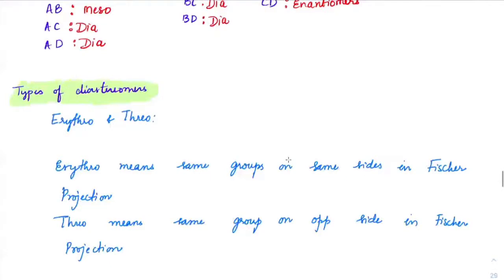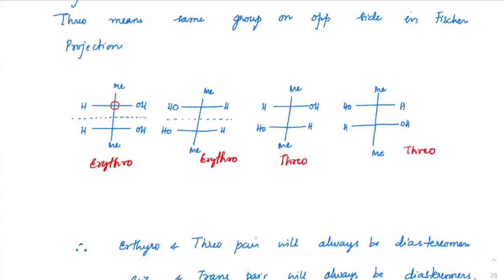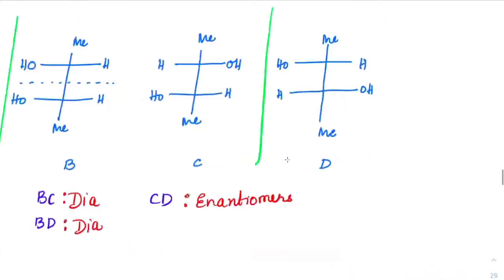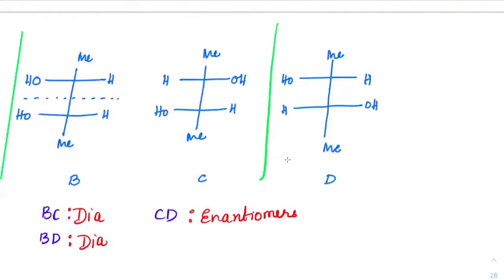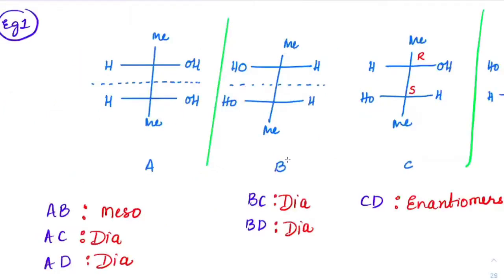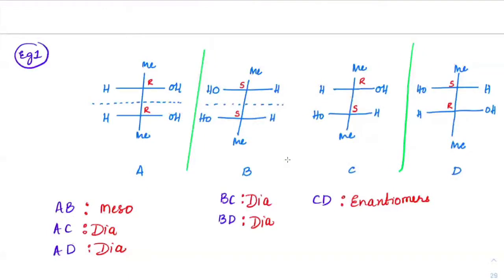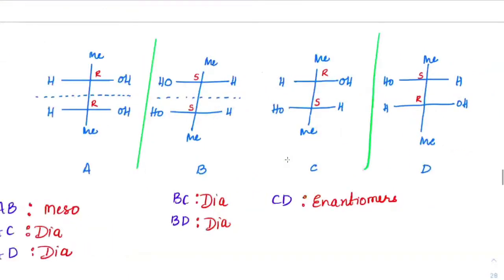For example, if I give the configuration, suppose we assume this is R and this is S configuration, what would be the configuration here? It would be S and R configuration. Now here also, if we say this is R and R configuration, what would this configuration be? This will be S and S configuration. Clear? Now when you put it on the mirror, R will change to S, S will change to R, right?